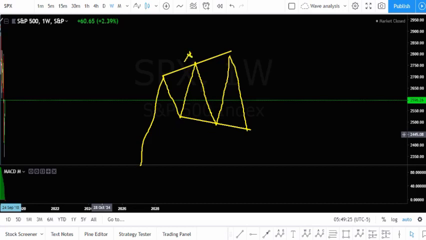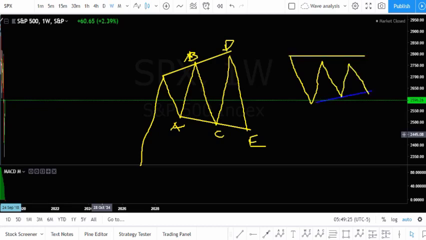We will mark it A, B, C, D. Sorry, it's A, B, C, D, E. So those are the only times we will use the ABCDE, is if we're in triangles, and the other scenario is if we are in contracting triangles.